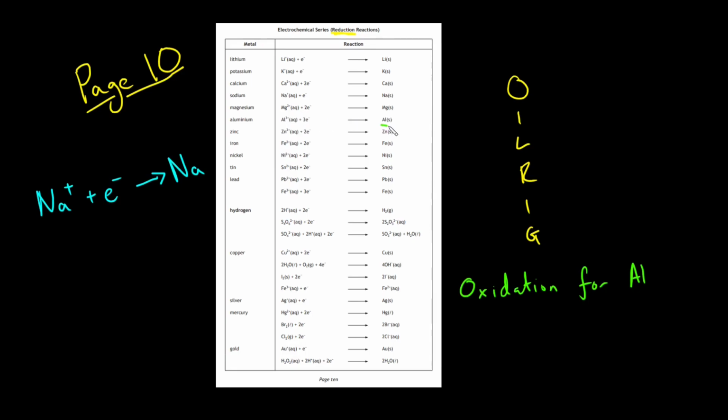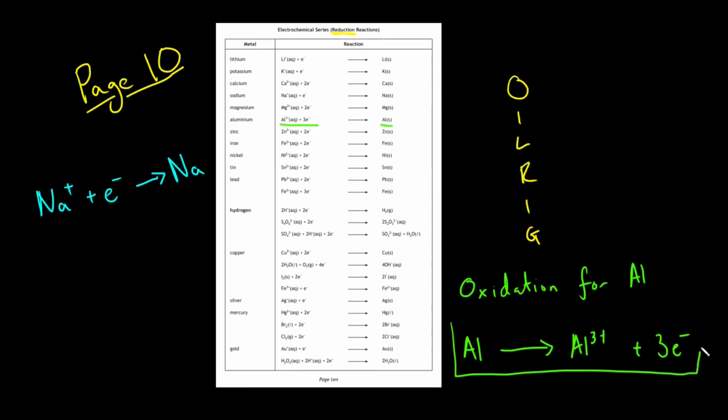So I start with the product and write that on my reactant side, so Al, and then I put my arrow and I write this part, Al3+ plus 3 electrons, and now I've written the oxidation reaction for aluminium. So it's that easy. Reduction reaction, you just write it exactly as it is. For an oxidation reaction, we just reverse or flip the equation.